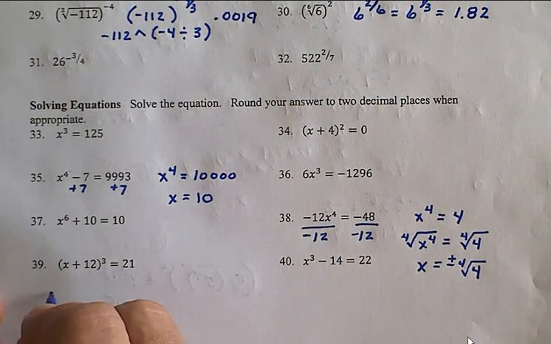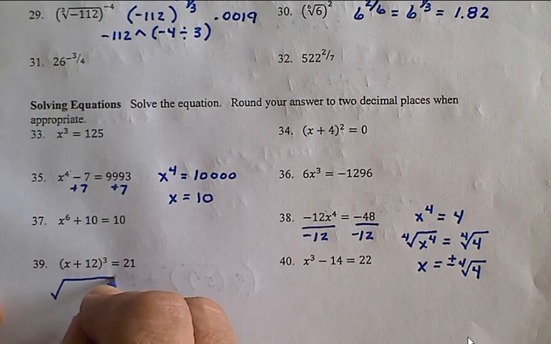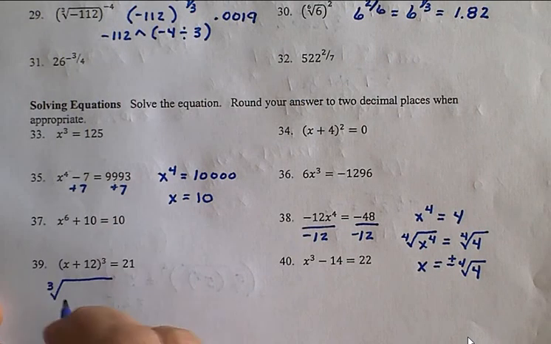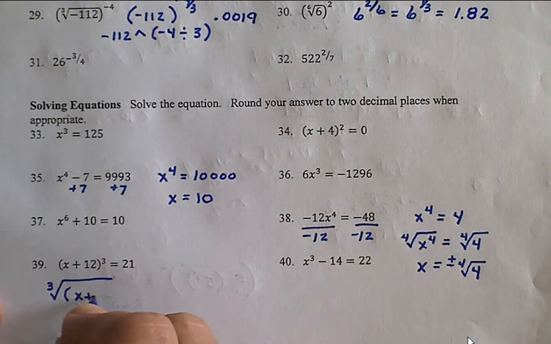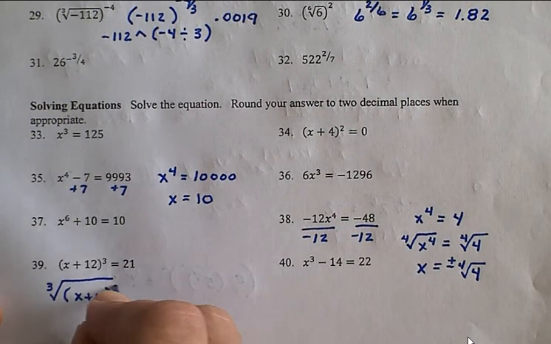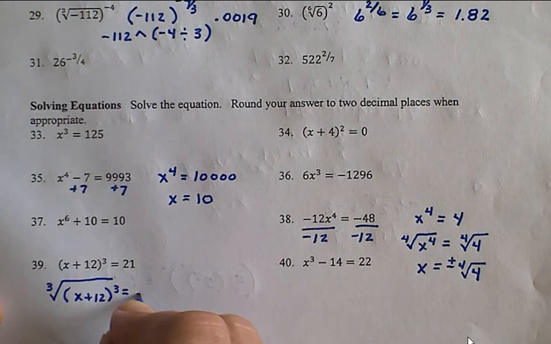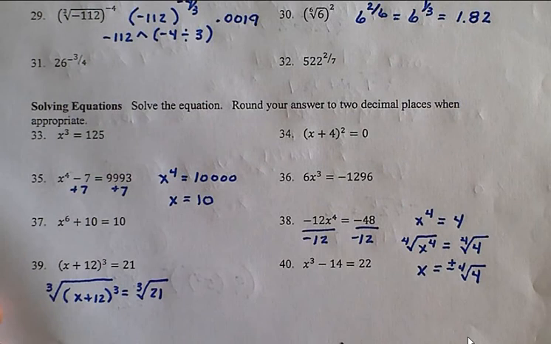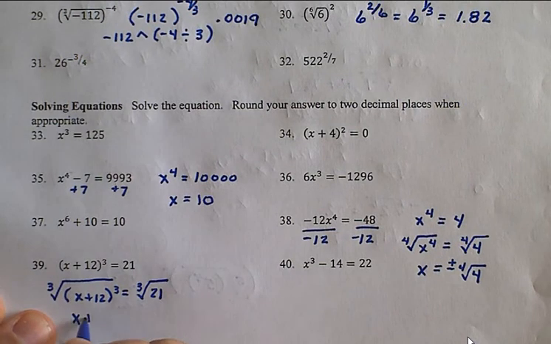So the cube root of x plus 12 to the third equals the cube root of 21. Now on the left side, the cube root and the cube cancel out, leaving me with just x plus 12. Good, that's quite a bit simpler.